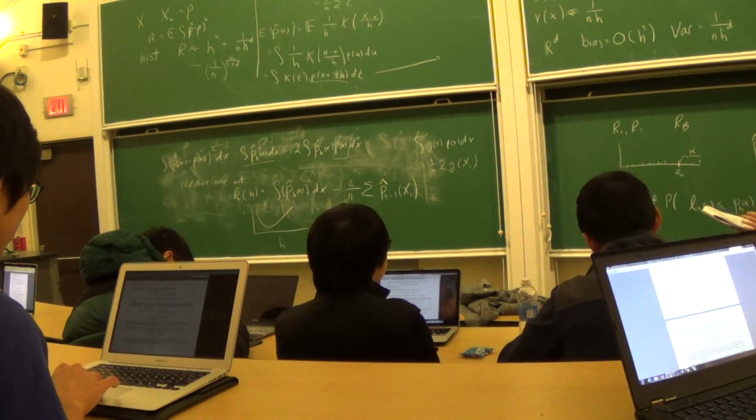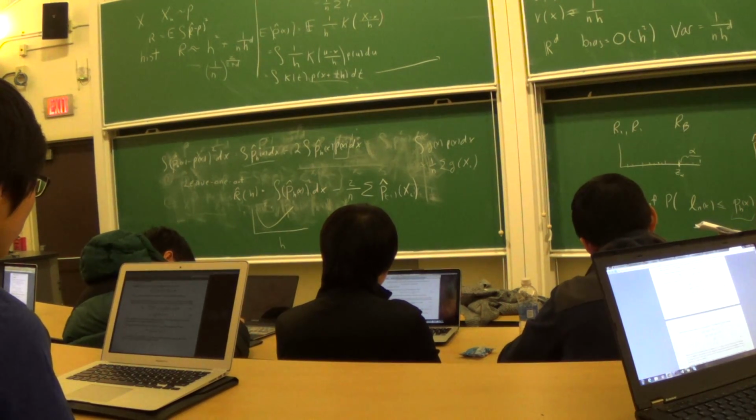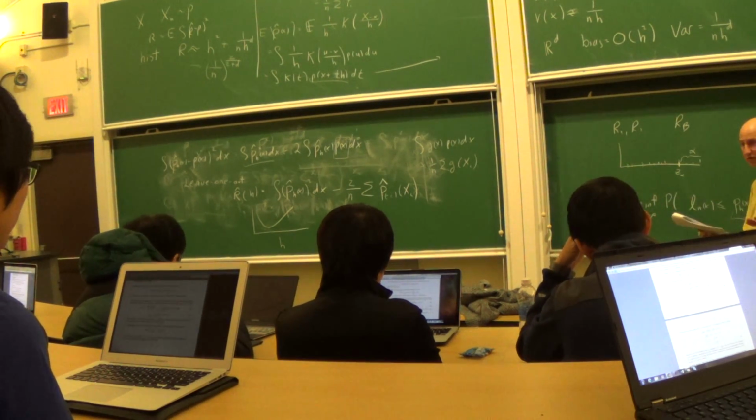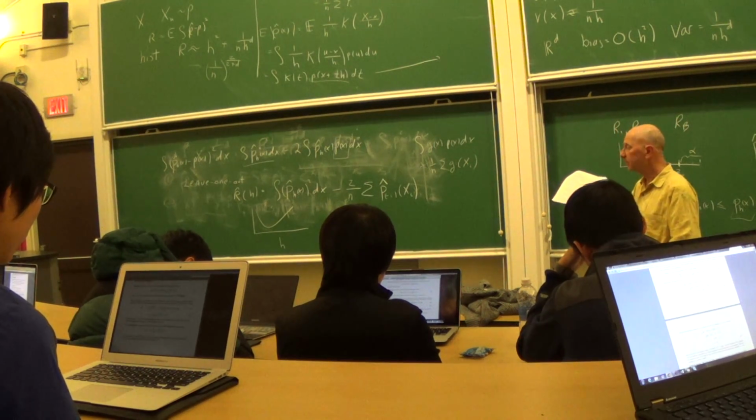I actually wrote down in equations 21 and 22, in the special case when we're using a normal kernel, you can write out more explicitly what all these integrals are, you can do the normal integrals and all that stuff. So you get some sort of messy expression, but it's not too bad.